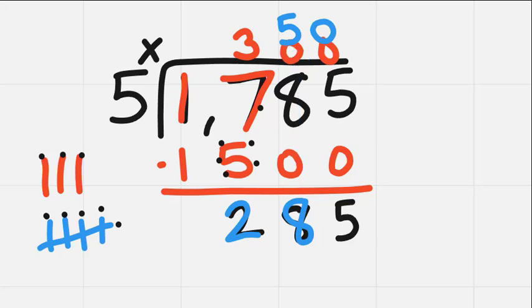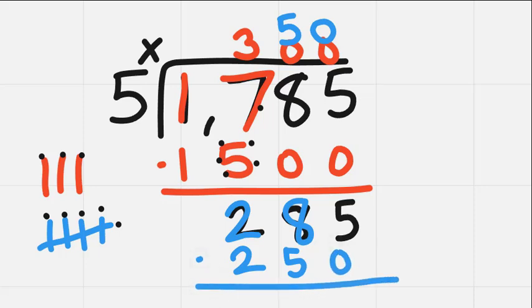So now we multiply. 5 times 5 is 25, and then we add the 0, and then we subtract. 5 minus 0 is 5. 8 minus 5, 8, 7, 6, 5, 4, 3. And then 2 minus 2 is nothing.